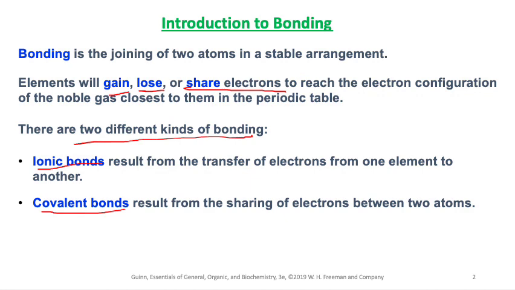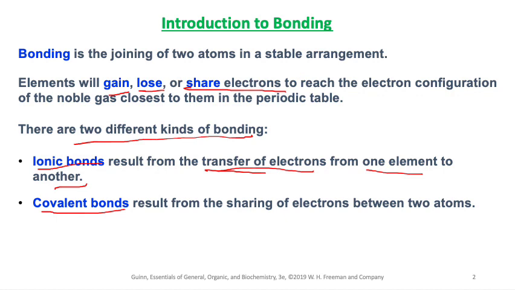Ionic bonds result from the transfer of electrons from one element to another element. This is the important terminology that you need to know, that an ionic bond always happens by transfer of electrons. It means one element is donating electrons to another element, and that element is going to take the electrons that are given by the first element.